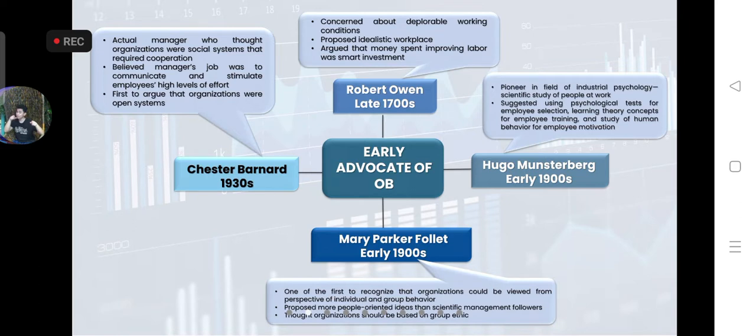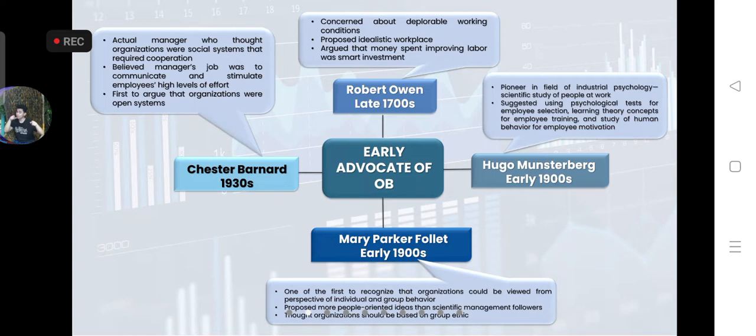So third is Hugo Munsterberg in the early 1900s, a pioneer in the field of industrial psychology, the scientific study of people at work. And he also suggested using psychological tests for employee selection, learning theory concepts for employee training, and study of human behavior for employee motivation.